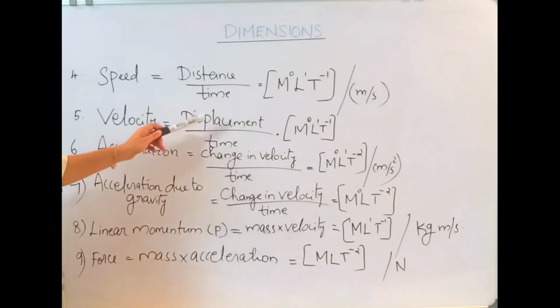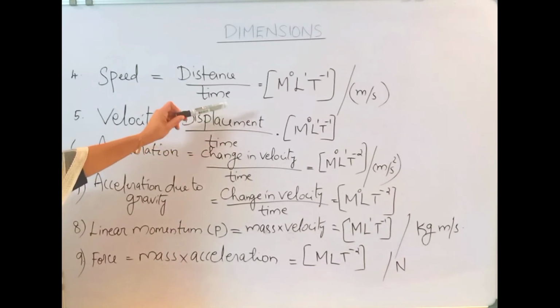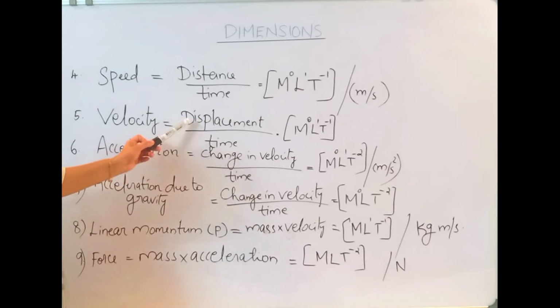So what is the difference between velocity and speed? The magnitude is the same, so the dimensions are also the same and it has the same unit, meter per second. Speed and velocity have the same dimension, so these are a pair.